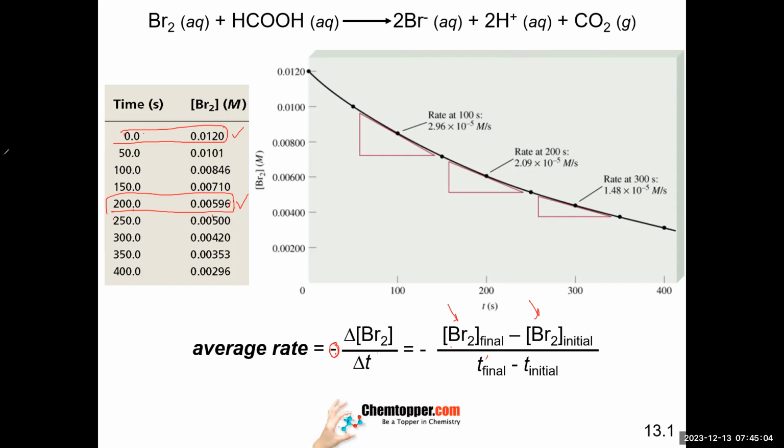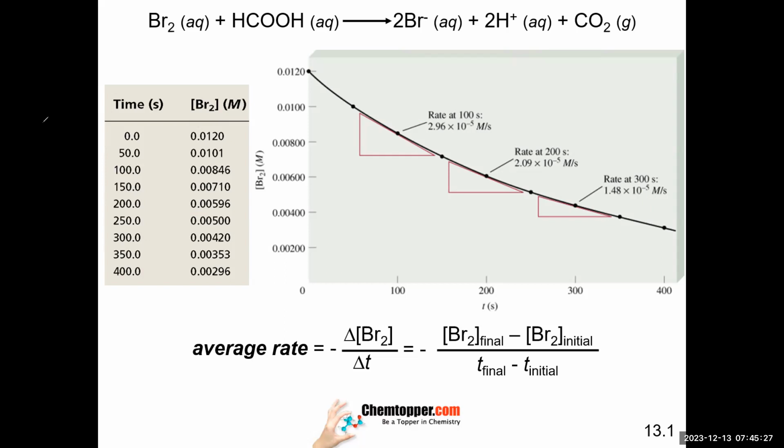We are good? Children, what is the meaning of average rate? The total change in concentration, final minus initial, divided by total time. That is the average. And the rate of the reaction is continuously changing, so that's why we had to work with the average rate. Units, molar per second.